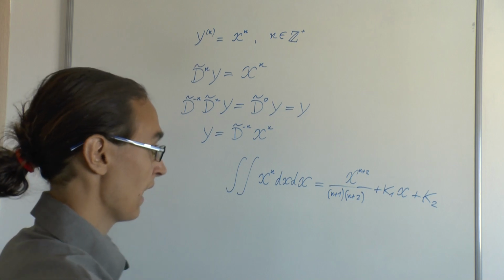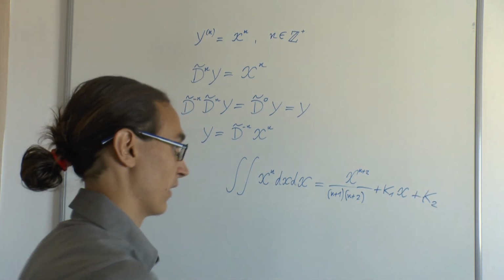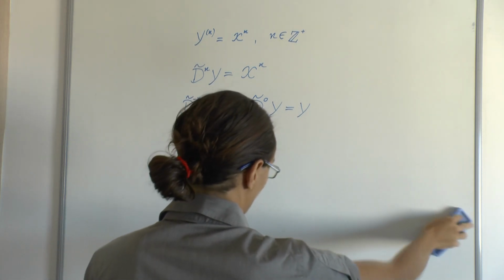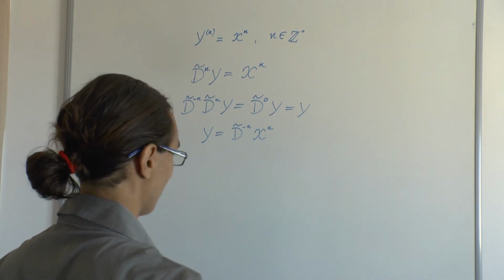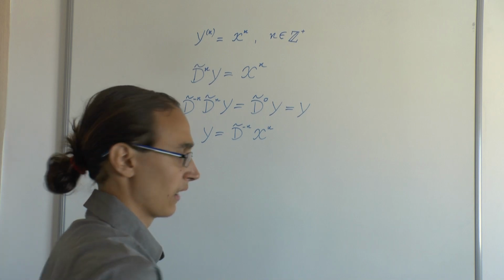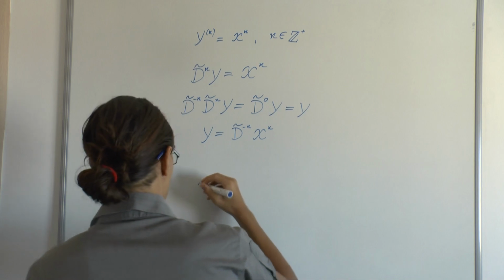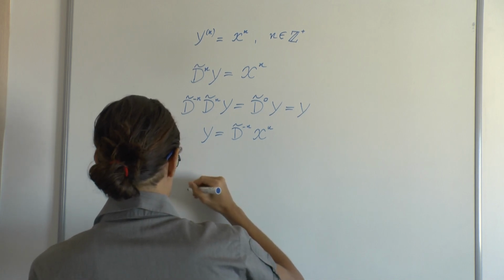Do you see? And each time we integrate, we get a new constant. A new free constant. So I'll just show it a couple more times to really make you see the pattern here, for those who don't see it immediately.